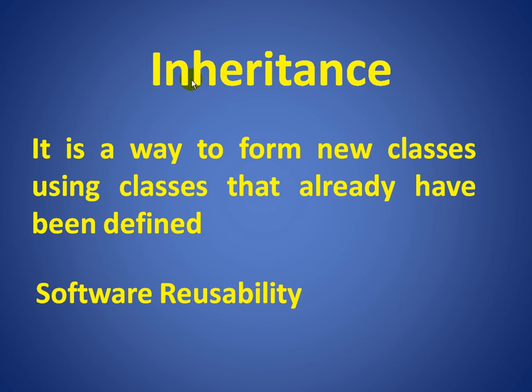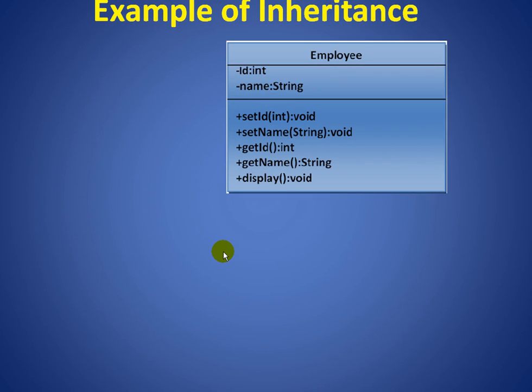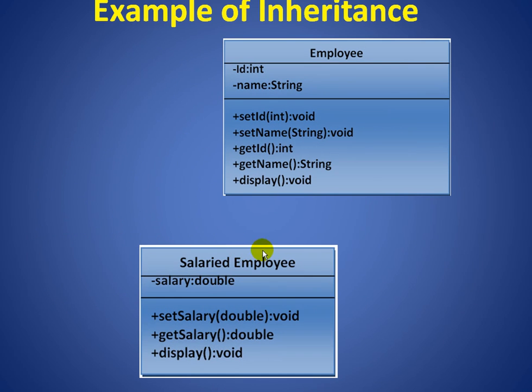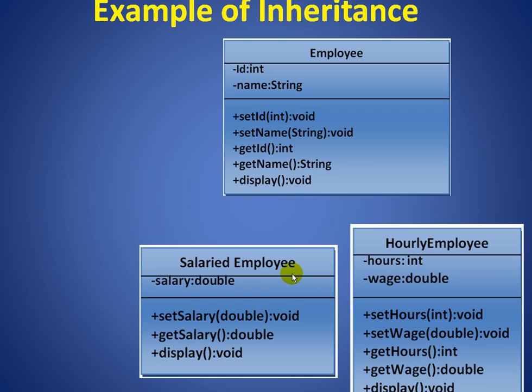Now, in order to make the concept of inheritance clear, let's assume there is a company that has two types of employees. The first type is salaried employees. Those employees are paid a fixed salary. On the other hand, hourly employees are paid based on the number of hours they are working.